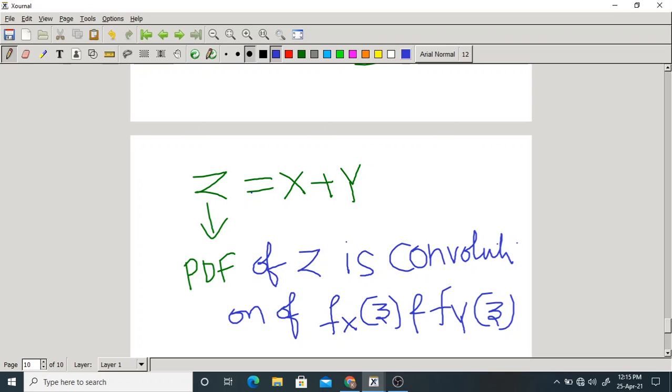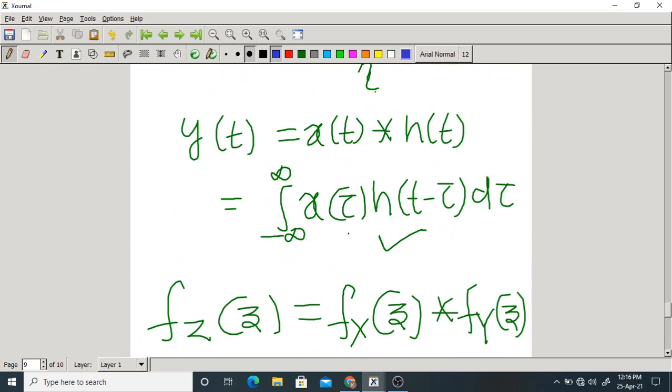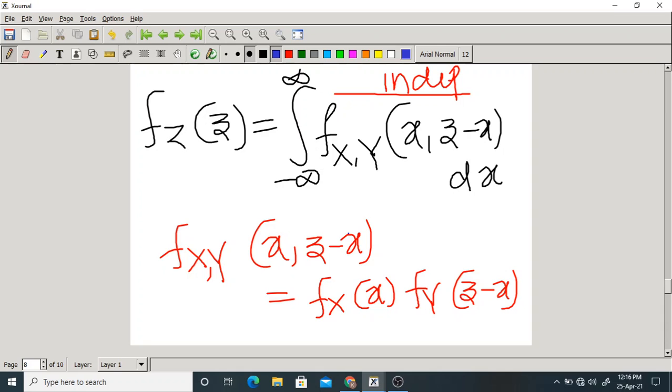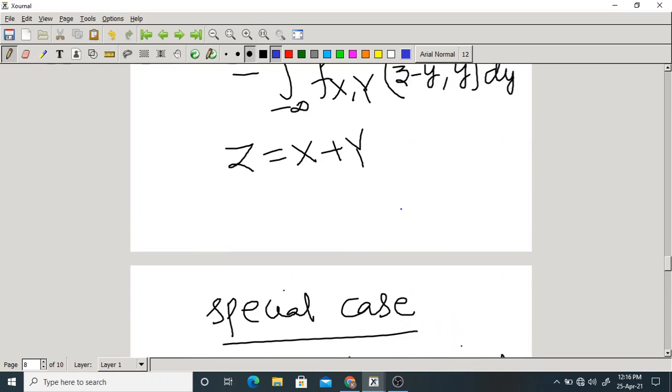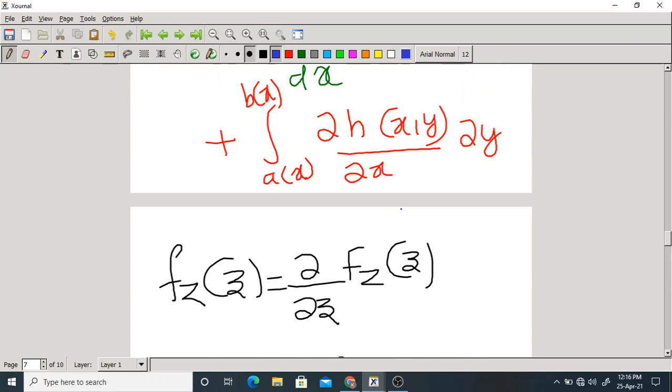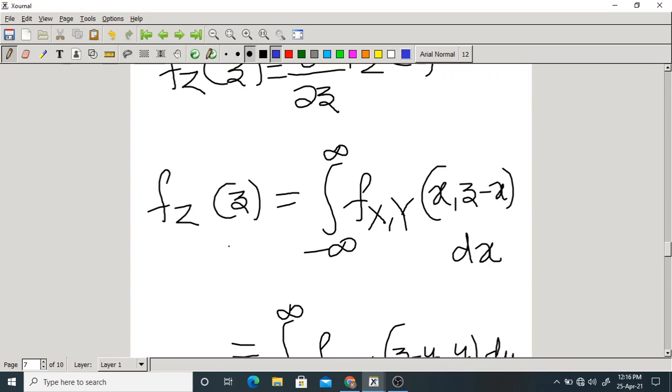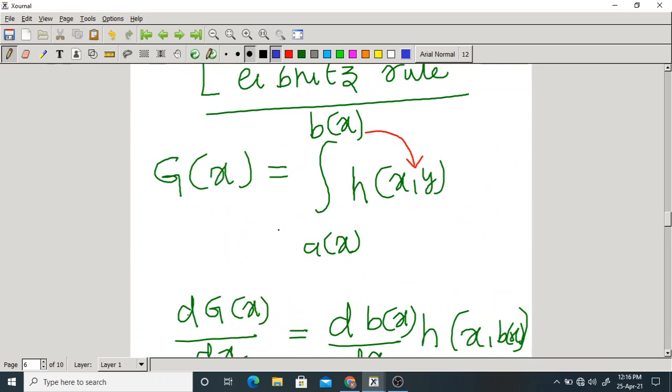Though generally people think that z equals x plus y, that's why PDF of z is the sum of PDF of x and PDF of y. No. If z equals x plus y, and one more thing you must always mention, if x and y are independent, then only this is true. If they are not independent, what is the formula? These are two formulas.